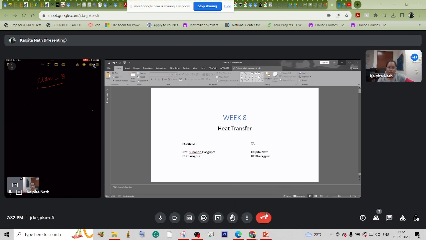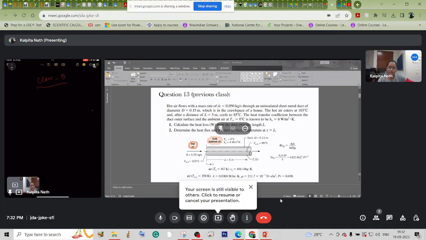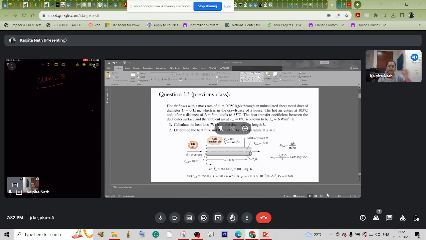Okay, I am sharing the question, and I'll give you some time to figure out what is happening. First of all, the hot air mass flow rate is given. It is passing through an insulated sheet metal duct of diameter 0.15 meter, in the crawl space of a house.